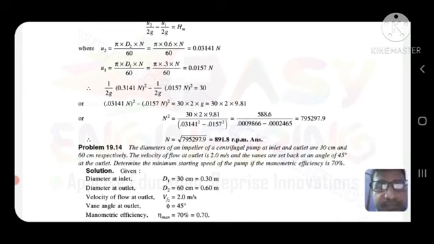Now (0.03141 N) square minus (0.0157 N) square equals 30 into 2 into g, 30 into 2 into 9.81.